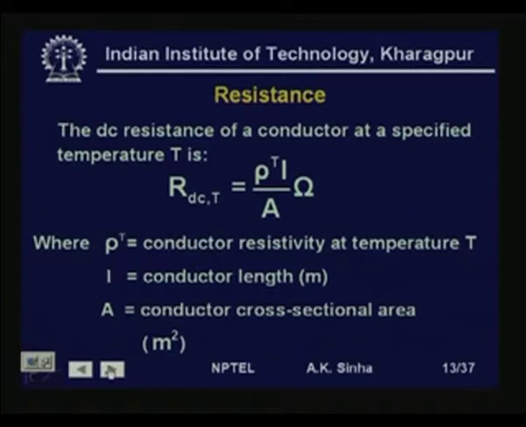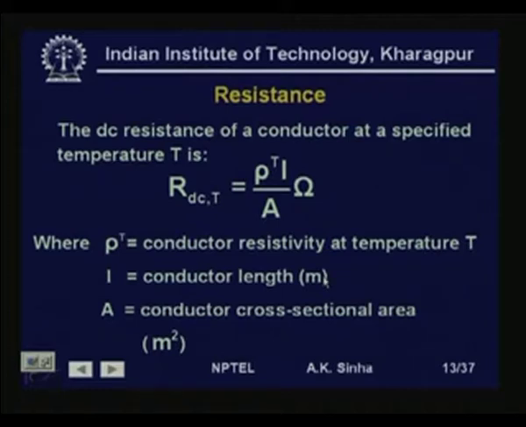As far as resistance is concerned, the DC resistance of a conductor at any temperature is given by R_DC equal to rho L by A, where rho is a function of temperature, that is, the resistivity of the conductor changes with temperature. If the temperature goes up, resistivity will also increase.